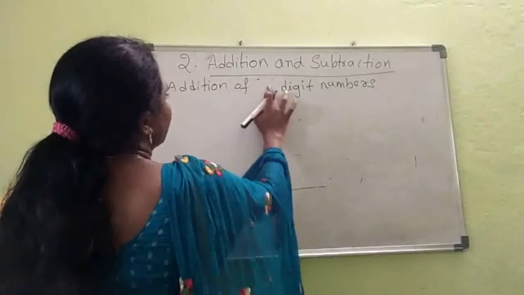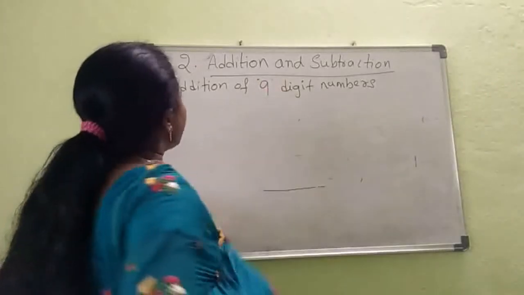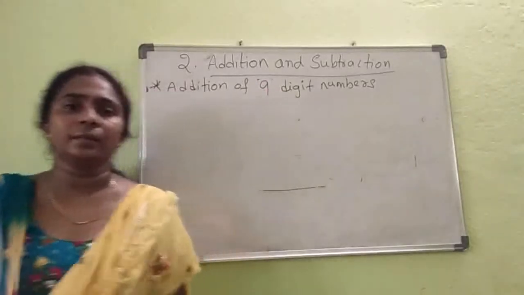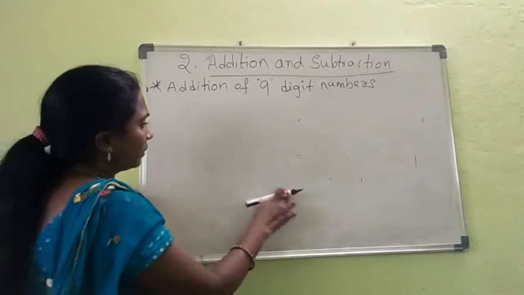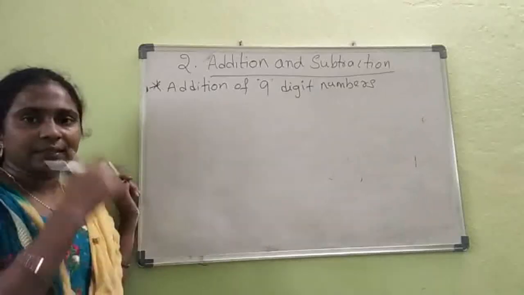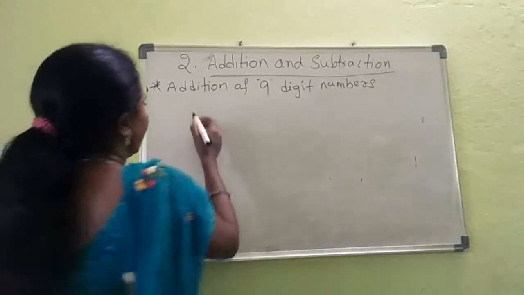Next, addition of 9-digit numbers, right? Again I will take two examples of two numbers which contain 9 digits.